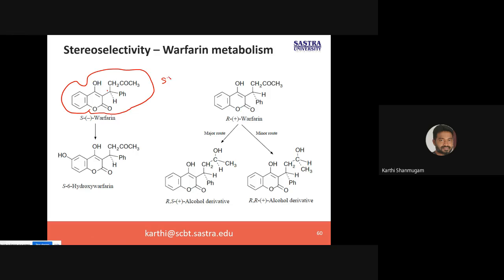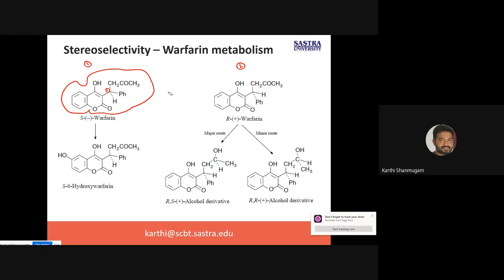That is what we call a stereoisomer. So if you look at this structure, this is structure one and this is structure two. Can you tell what difference you find between structure one and structure two?